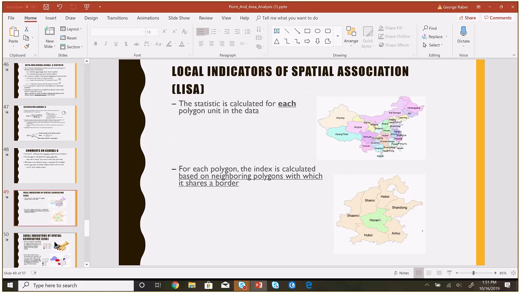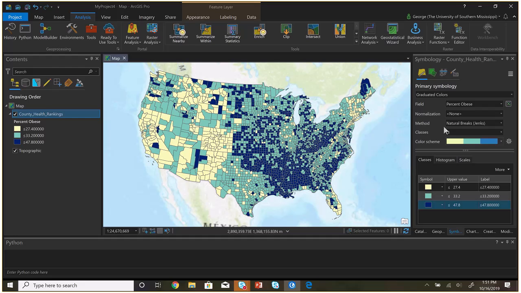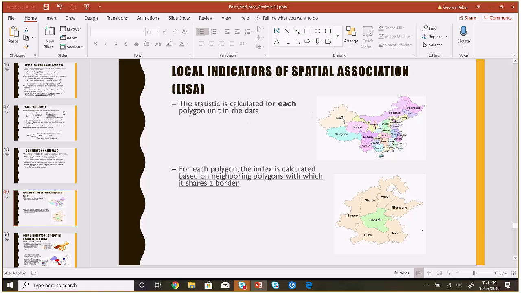Okay, I promised I'd show you maps. These maps are sometimes referred to as local indicators of spatial association, and these tools calculate a statistic for each point or polygon. They can actually run on points too. If they're run on points, you obviously can't use contiguity; you would use distance.